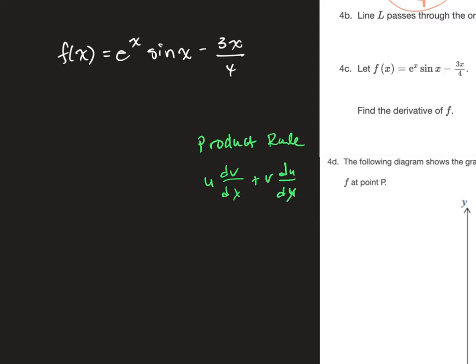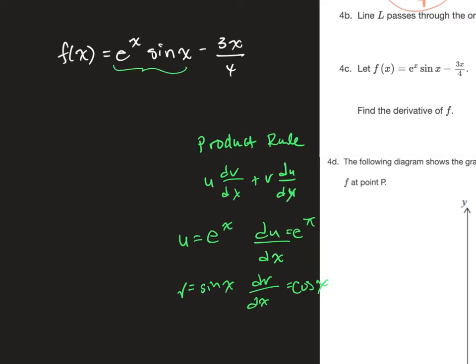In this case, we're going to call u e to the x. The derivative of that is e to the x. V is going to be sine of x, and the derivative of that is going to be cosine of x. So the derivative of this whole thing is going to be e to the x times the derivative of v, which is cosine of x, plus sine of x times the derivative of u, which is e to the x.